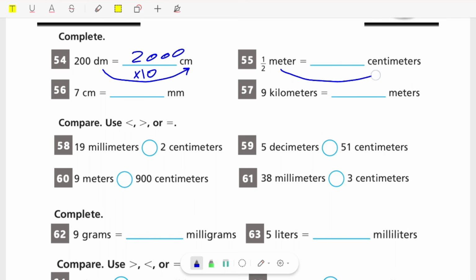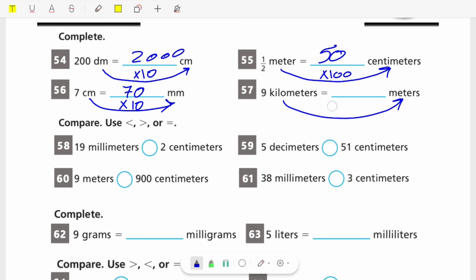Next, half meter to centimeter, we're going to multiply by 100, so half times 100 is 50. Centimeter to millimeter, we're going to multiply by 10, so it will be 70. Kilometers to meters, we're going to multiply by 1000, so it will be 9000.